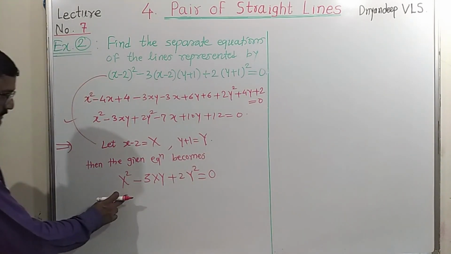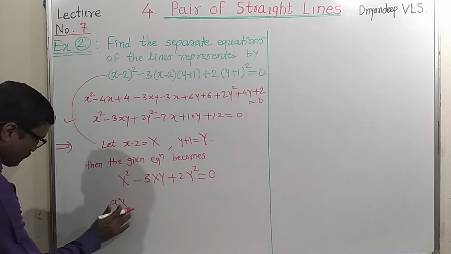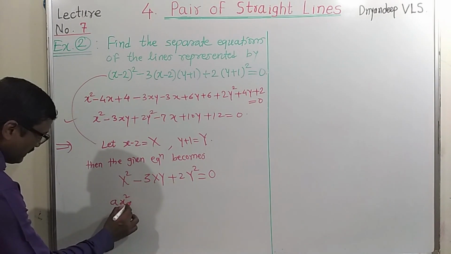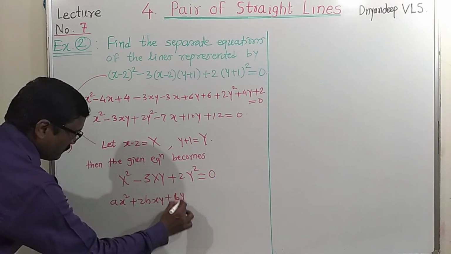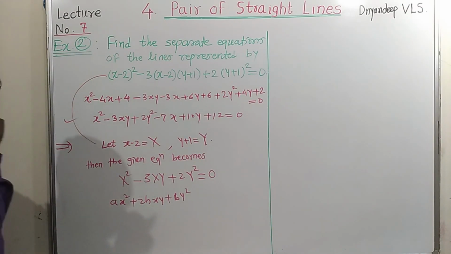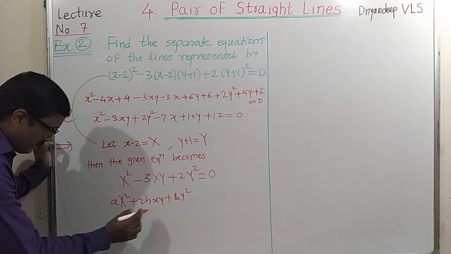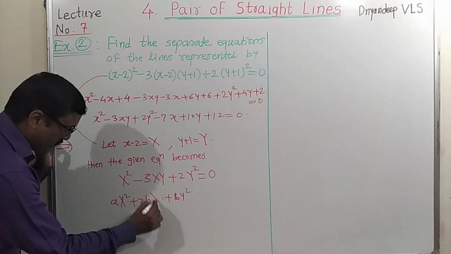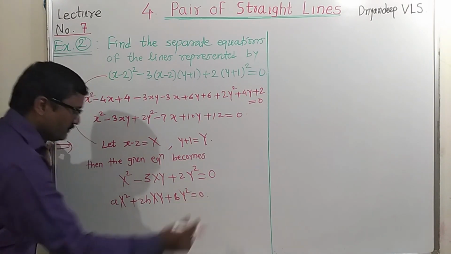Now this equation is similar to ax square. Our actual form is ax square plus 2hxy plus by square, but we will take here instead of small xy capital XY. So this will be like this, 2hXY and bY square equal to 0.